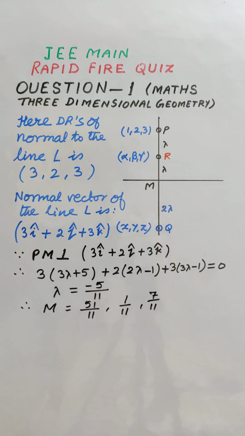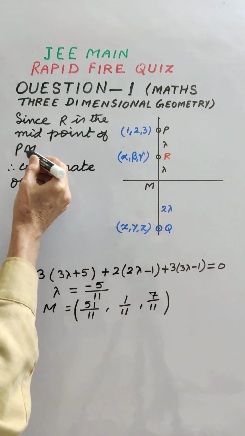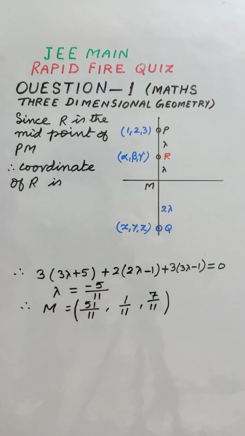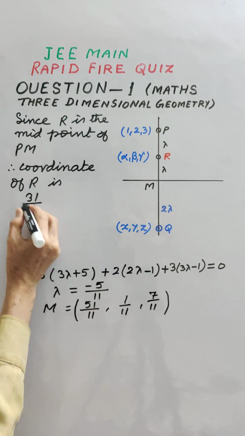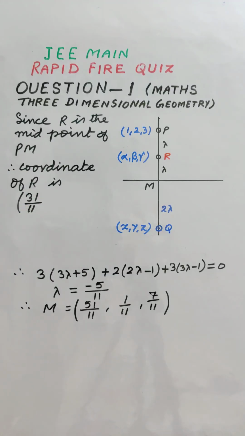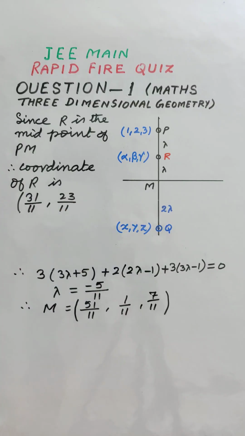Using this 5/11. Since R is the midpoint of PM, the coordinates of R will be 31/11, and 23/11.